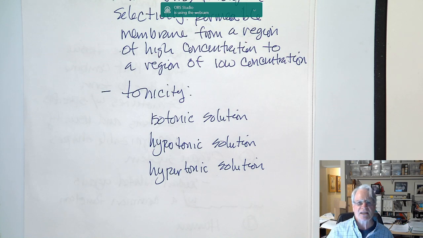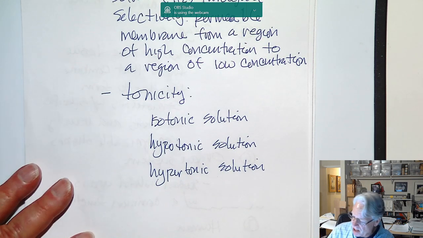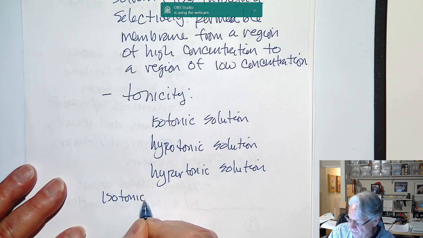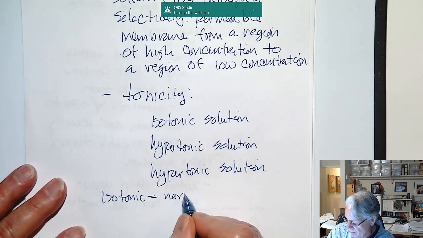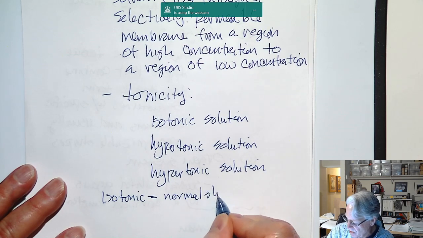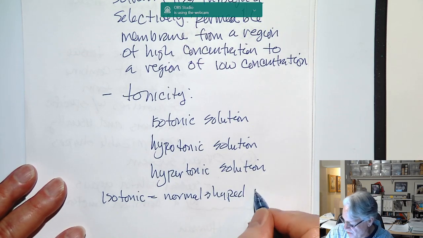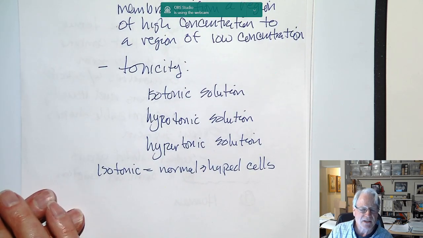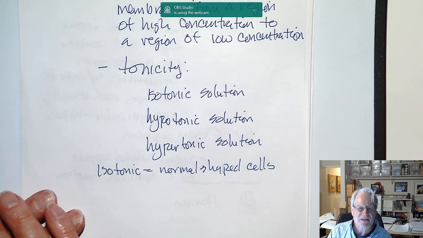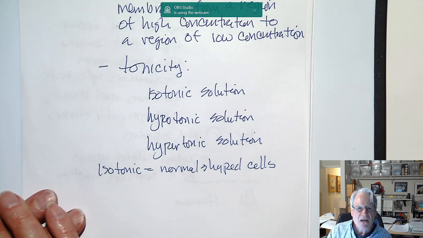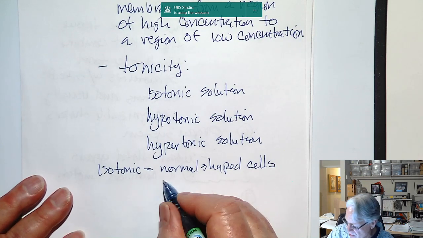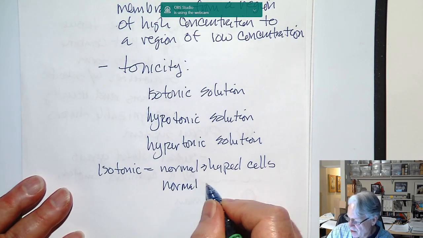So in isotonic conditions, you're going to have a normal shape. So isotonic means normal shaped cells. So that is something that your body works very, very hard to maintain, is an isotonic condition around the cells. So normal shaped cells, if you have normal shaped cells, you're going to have a normal function.